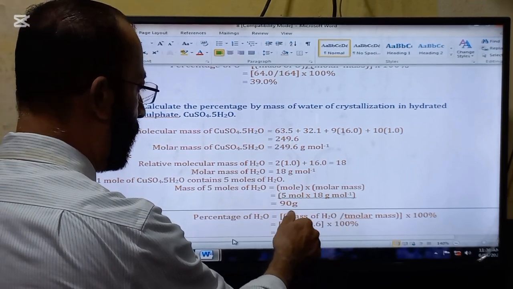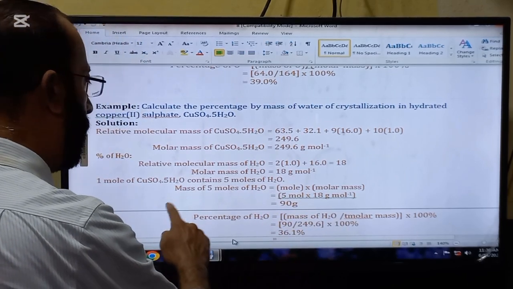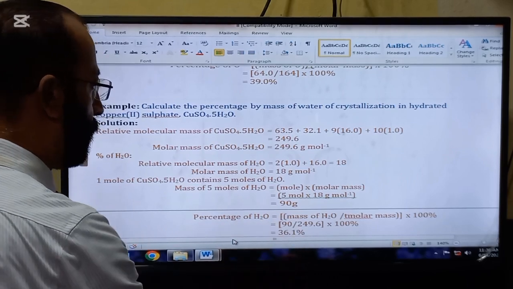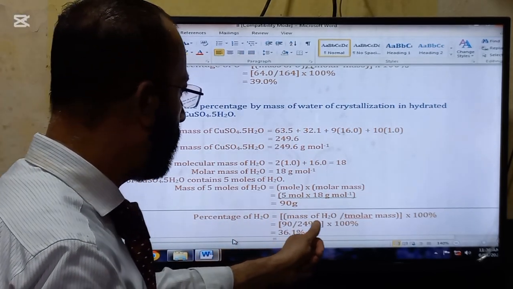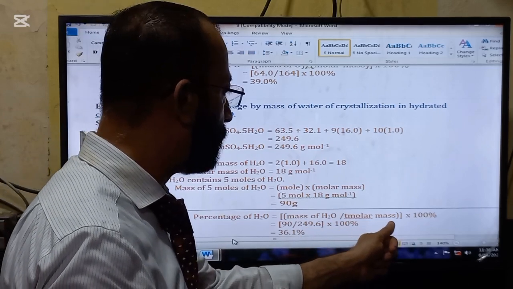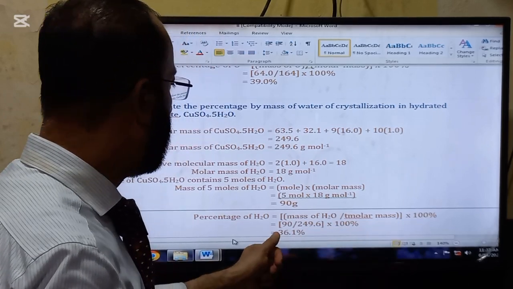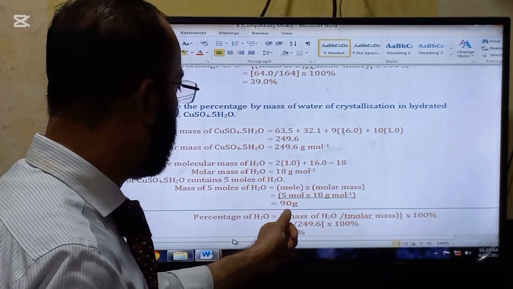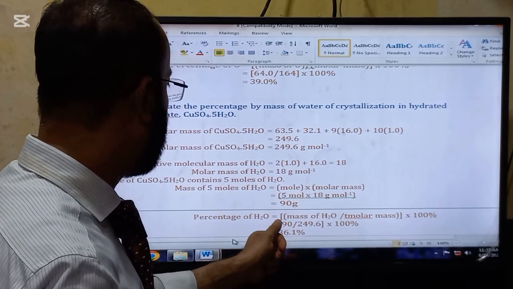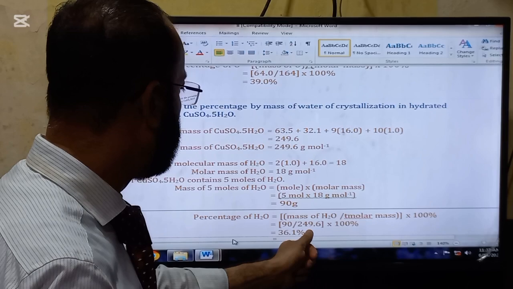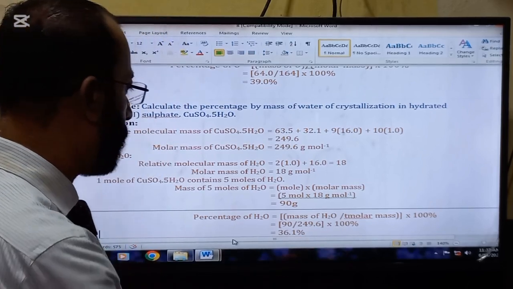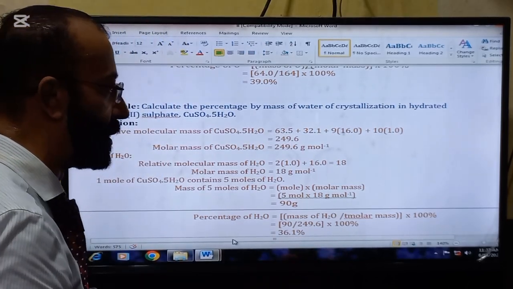Multiply it on the calculator, this is the mass of the 5 moles of H2O. And the final step: percentage of H2O will be equal to mass of H2O over molar mass of the compound multiplied by 100%. So mass of H2O is 90, molar mass of the compound is 249.6, multiplied by 100% remains as it is. Solve it on the calculator, you will get the answer.